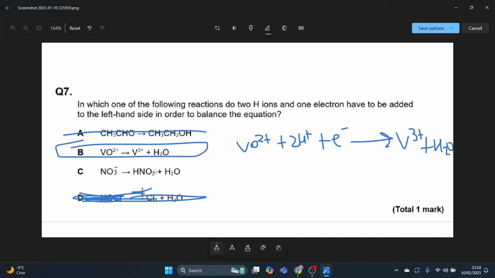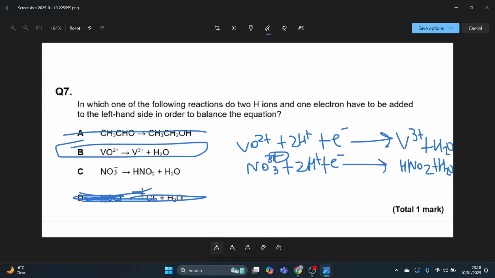But if we look at C, why is it not C? Well, NO3- plus 2H+ plus e- gives HNO2 plus H2O. If we add 2H+, it's NO3 with the minus charge.